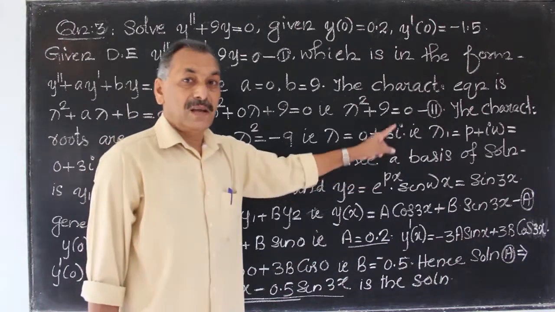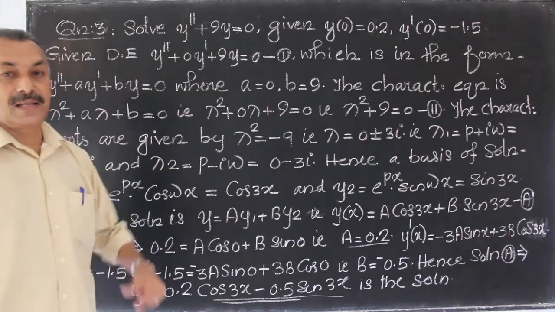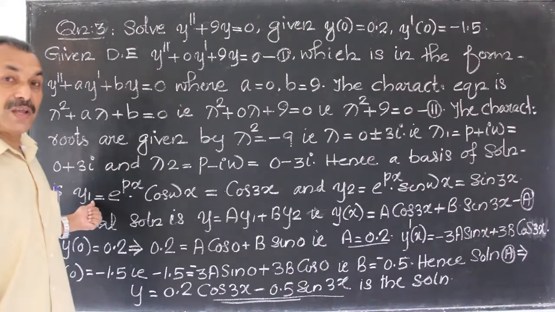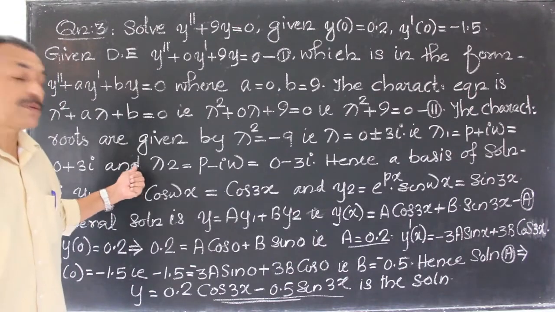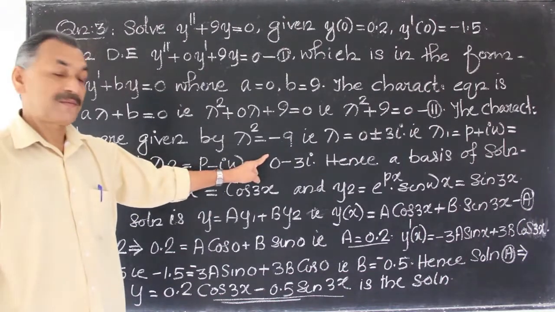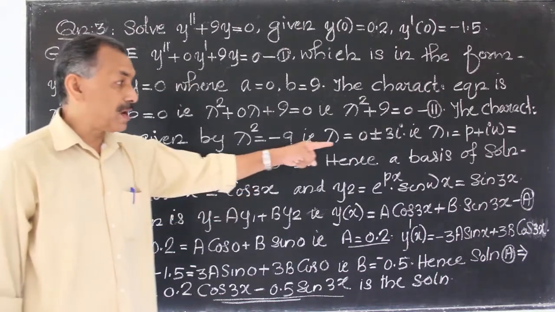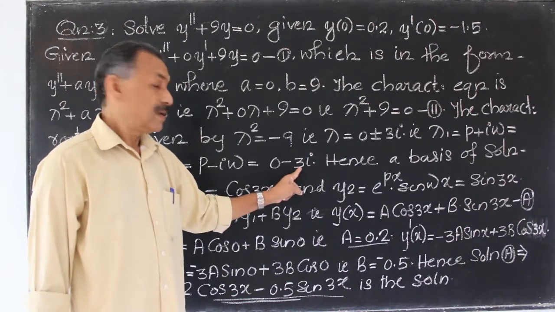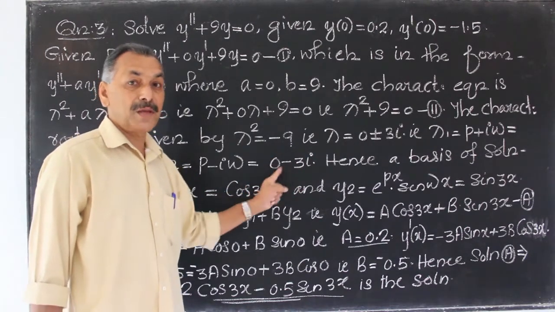Hence, a basis of solutions: y1 is equal to e raised to px into cos omega x, that is e raised to 0x into cos omega x, where omega is equal to 3 from p plus i omega, p minus i omega.